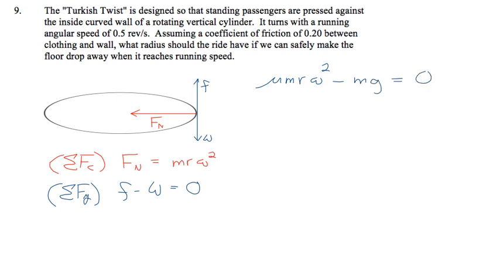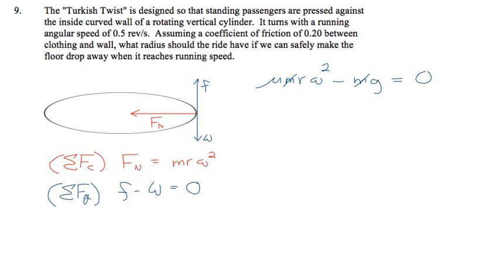All I have to do is, now if I divide through by the mass, it cancels out. So the mass cancels, and the mass cancels. And all I have to do now is rearrange the equation to solve for the r, and I'll be done with the problem. So we can see that the r is here. So that means I'm going to move this minus g to the other side, which would make it positive g, and I'm going to divide by the other members of the term.